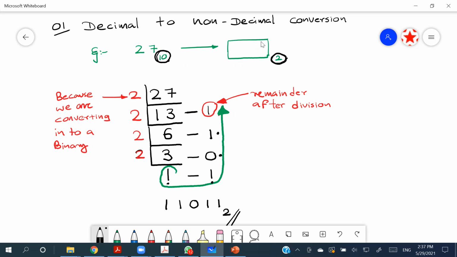Okay, is there anyone who is still not getting this conversion? If so, I can help you to make things much clearer.